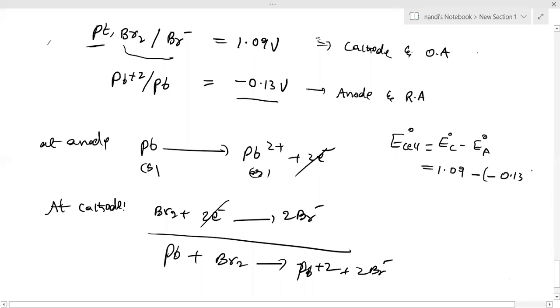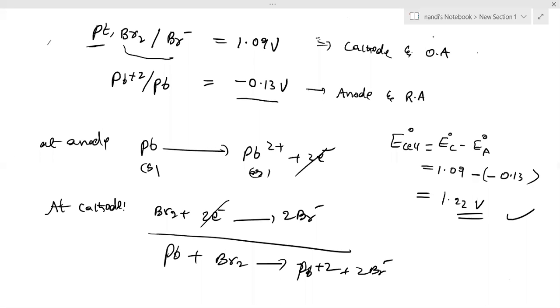Now what value are we getting? 1.22. 1.22 volts. Check your answer. So, understood?